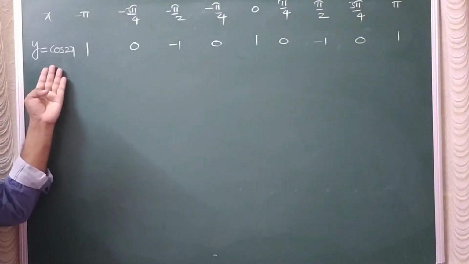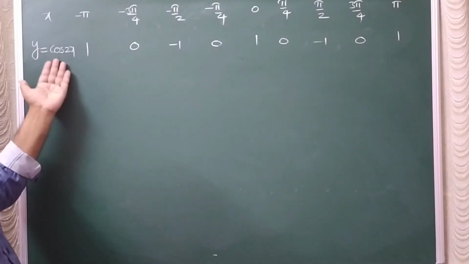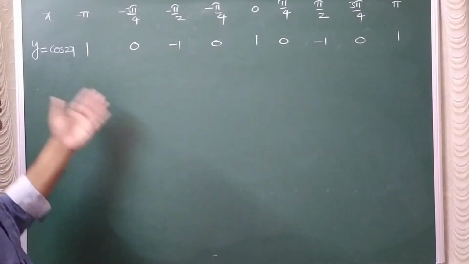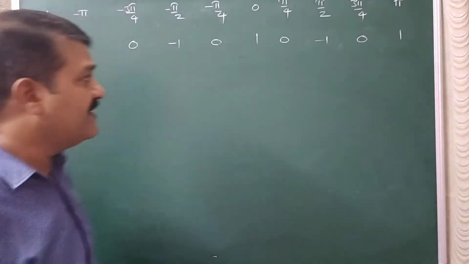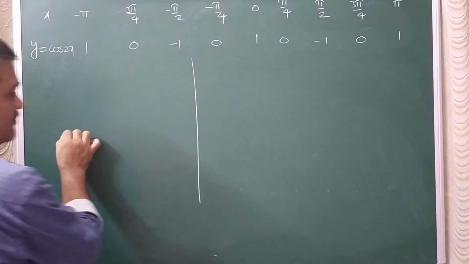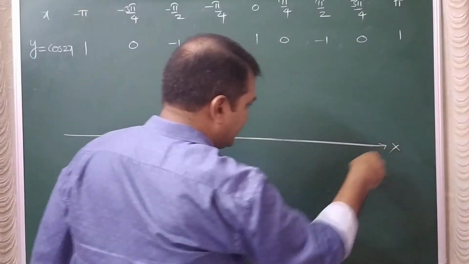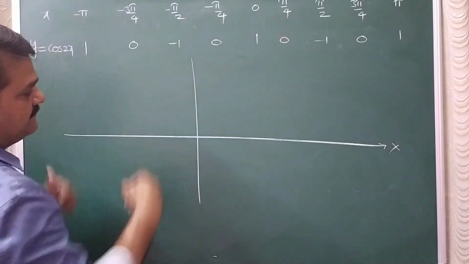So here if you observe the y values, clearly they are between minus 1 to 1. Even negative values you are getting for y, positive you are getting, between minus 1 to 1. Okay, so let us consider the graph. Along the x-axis, I will choose values from minus pi to pi.